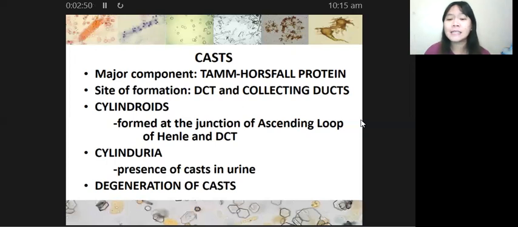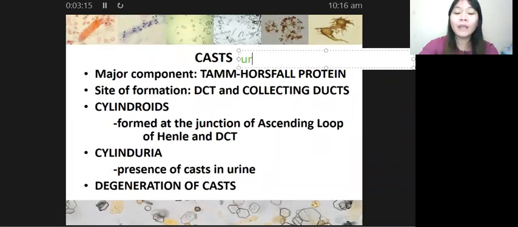So, your casts are formed as a result of the precipitation or gelation of the protein Tamm-Horsfall. Take note, hindi na bago sa atin ang Tamm-Horsfall protein. Ano na ulit ang other name ng ating Tamm-Horsfall protein? Okay, very good.